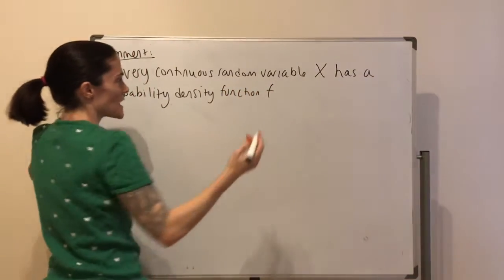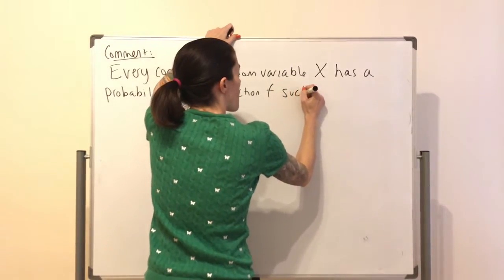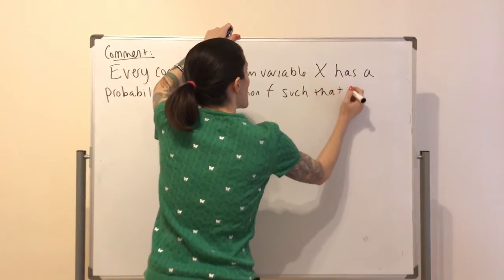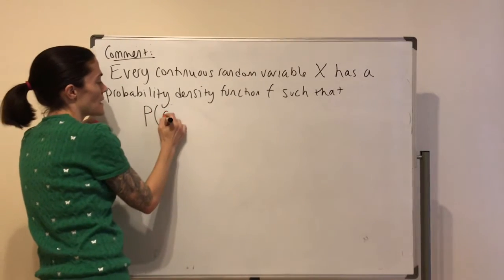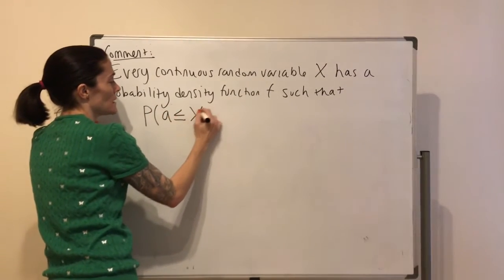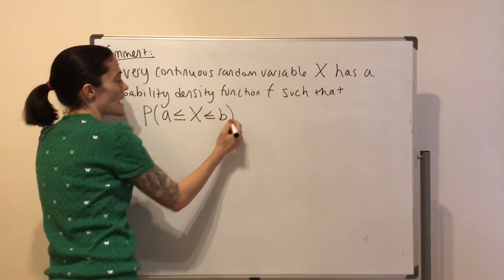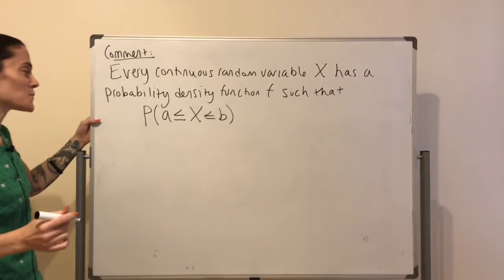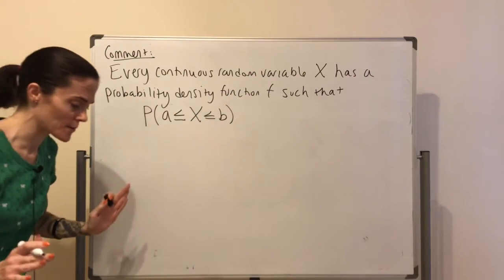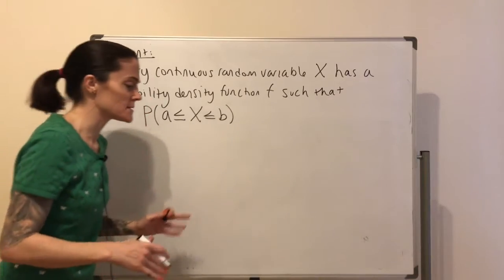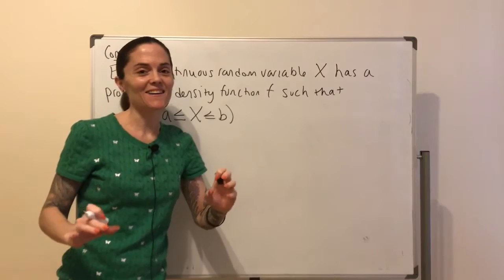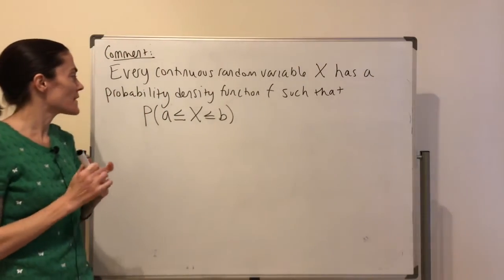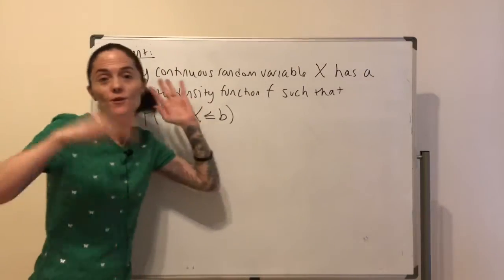F such that, if we want the probability that X is between A and B. So this random variable is between these two numbers, A and B. Maybe X is the age of a random person, and you want to find the ones that are between 10 and 30, for example.